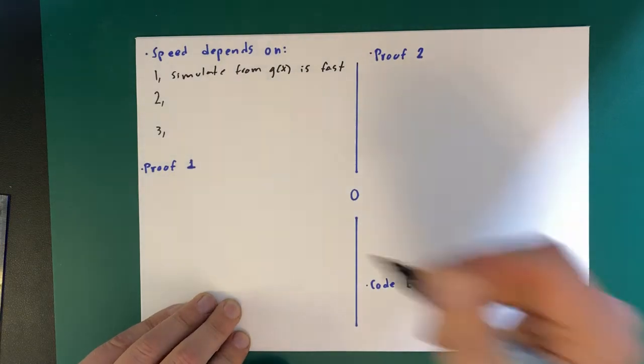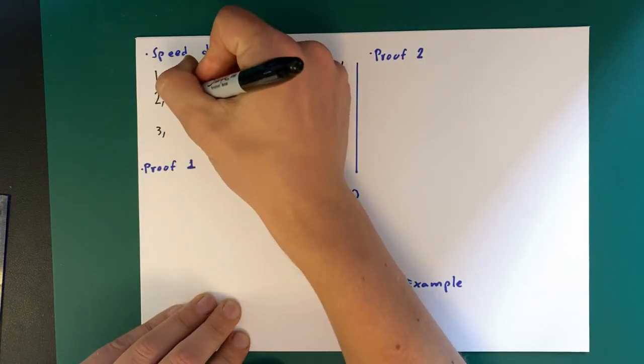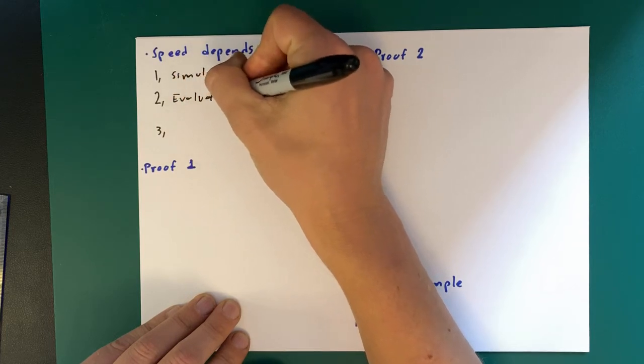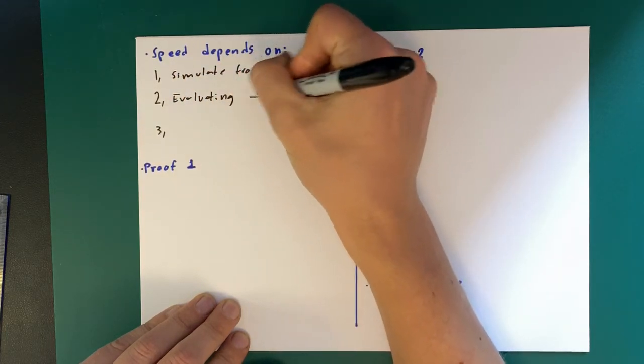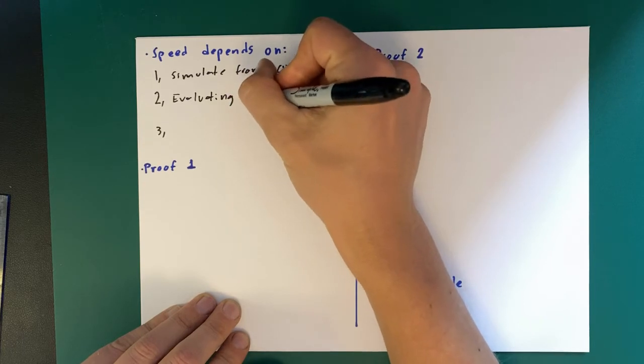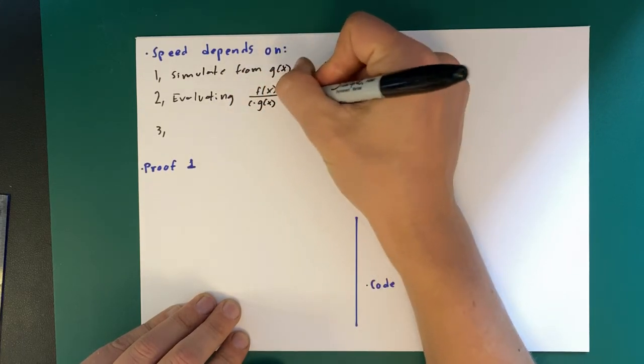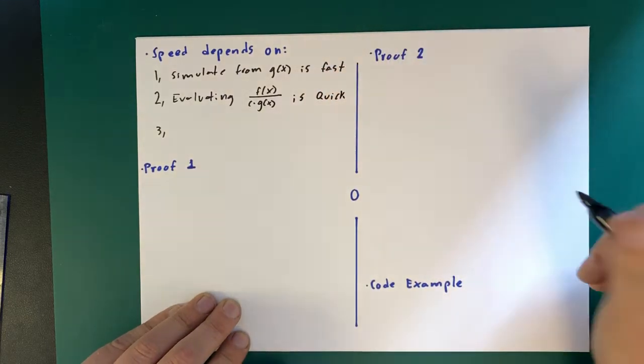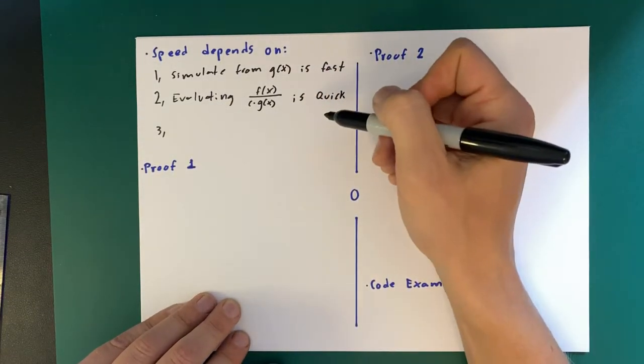The second is evaluating f(x) over the envelope is quick, because we need to do this at every step.